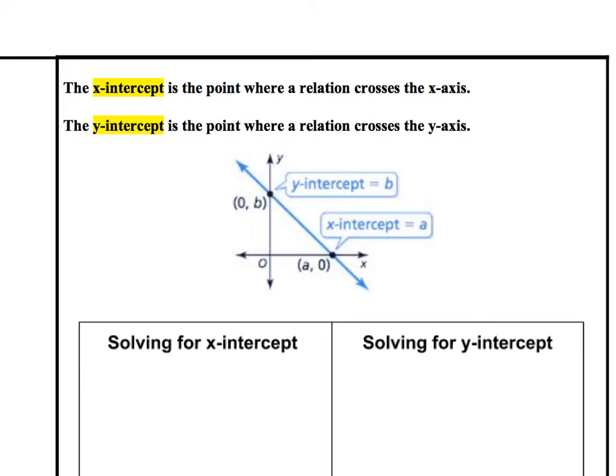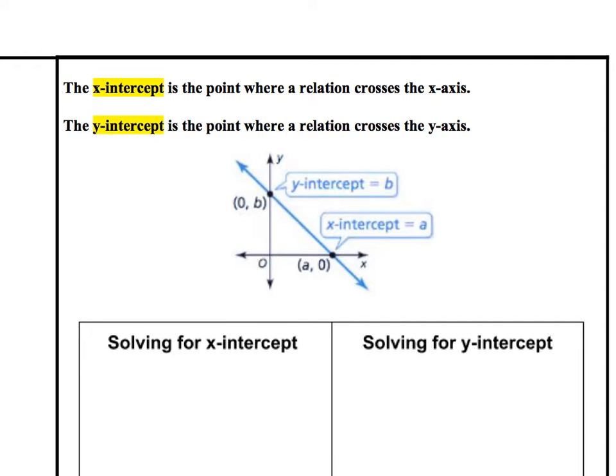If you know what interception means in football, it's like when one team throws a pass, right? And the other team, the guy crosses that pass and he grabs it and he intercepts the ball. And so wherever the lines cross, they cross at the x-axis, they're crossing right here, that's the x-intercept.